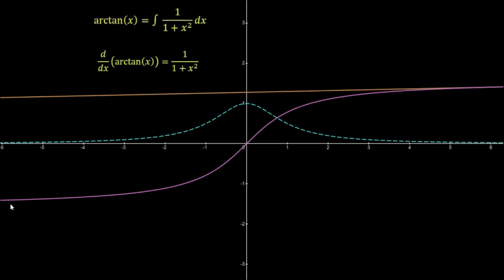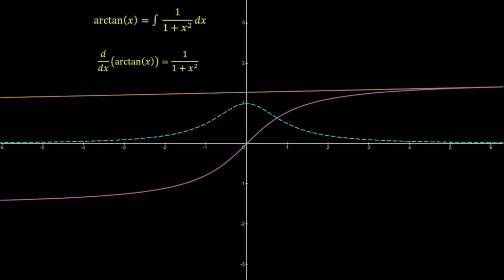So the function in pink is the arctan function. The function in blue dotted is the differentiation of this arctan function. So if this is correct, then whenever we differentiate this arctan function, we should just get the function 1 upon 1 plus x squared.